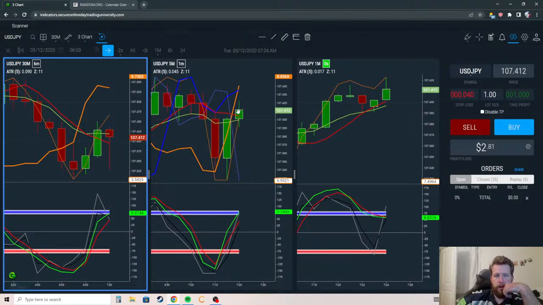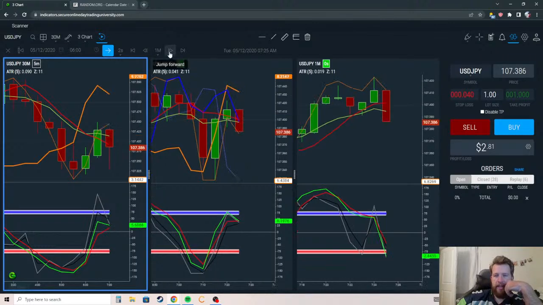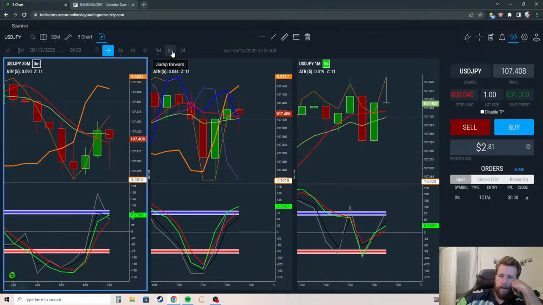It looks like we're gonna close above the TNT. No, just kidding. I'm gonna close back under. Oh no, it did close above actually. TNTs are looking very bullish.